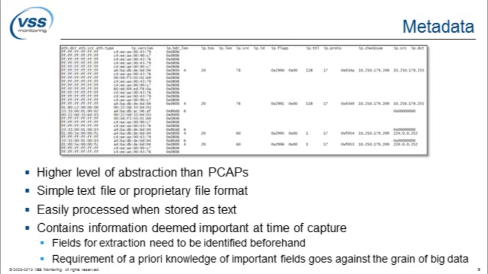So regardless of which definition of metadata you use, metadata can be used for a variety of purposes. For example, let's say a security analyst is looking for a DNS tunneling exploit.